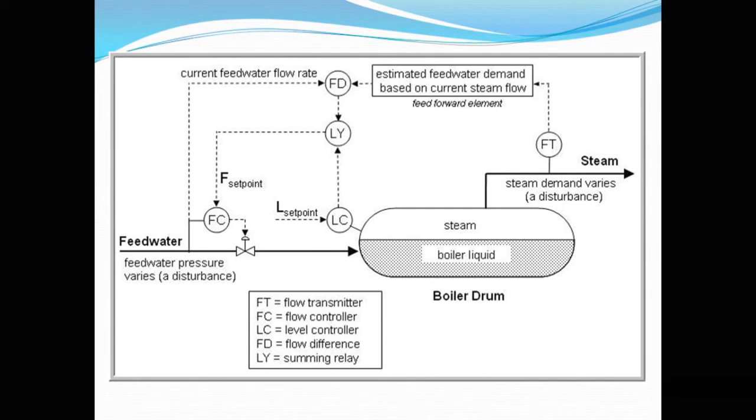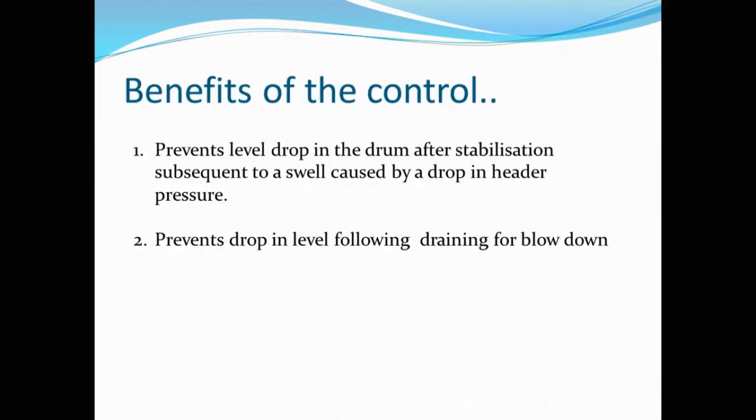So these three elements come together into play. The benefits of this control come in two different angles. One is to maintain the level when the header pressure to which steam is being supplied varies. This takes care of the fluctuations in the drum level in that case.